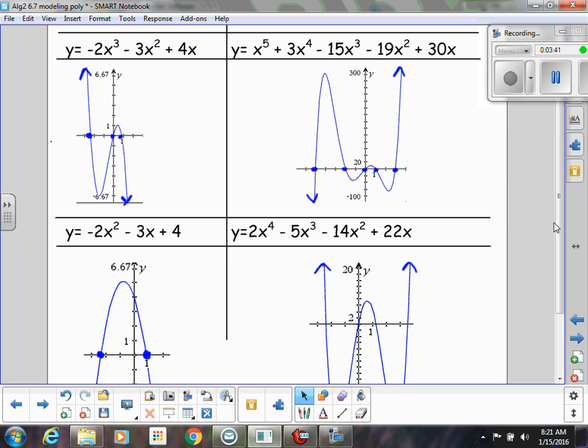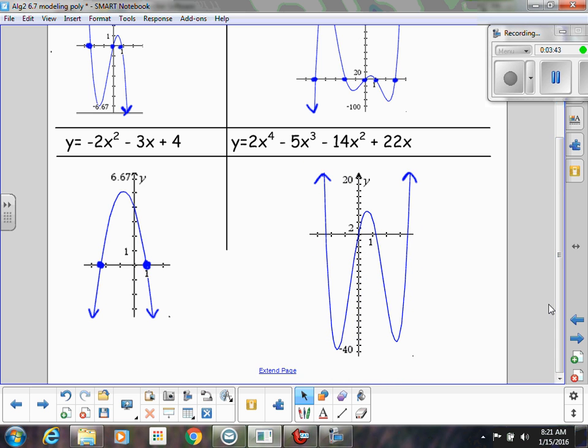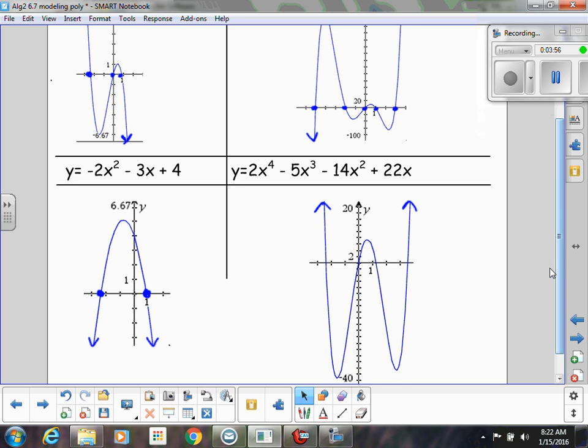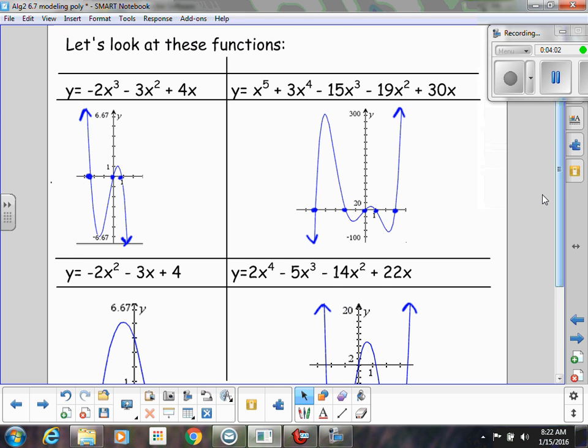Whereas the ones down here on the bottom, the endpoints are doing the same thing. So the left is pointing down, the right is pointing down. Or here, the left is pointing up and the right is pointing up. So what I want you to notice now is what's similar about these two polynomials down here versus these two polynomials up here.